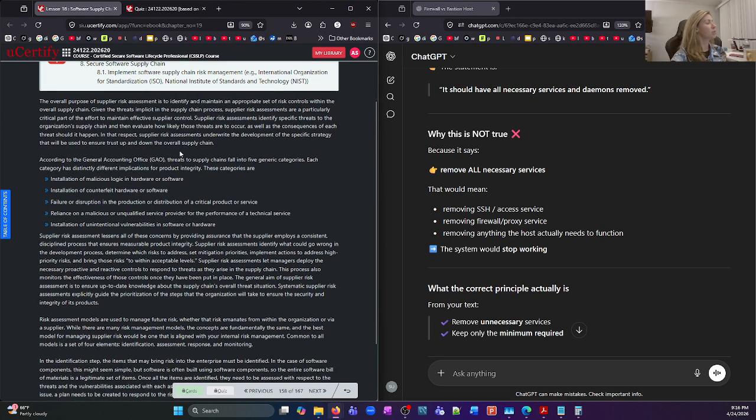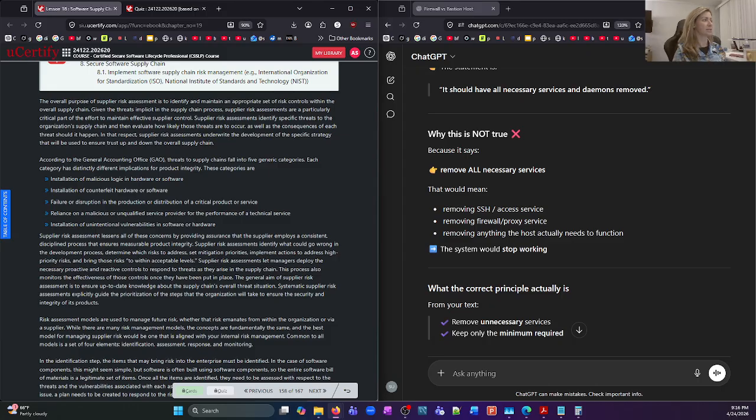The overall purpose of supplier risk assessment is to identify and maintain an appropriate set of risk controls within the overall supply chain. Given the threats implicit in the supply chain process, supplier risk assessments are a particularly critical part of the effort to maintain effective supplier control.